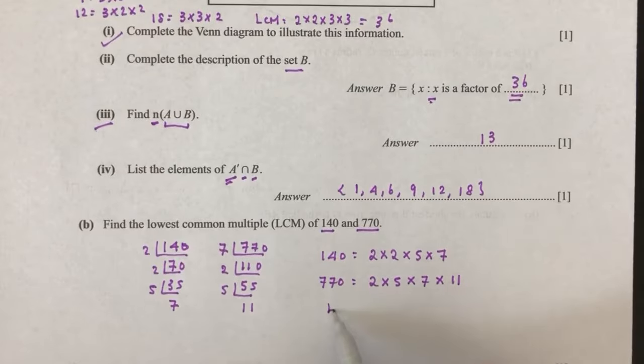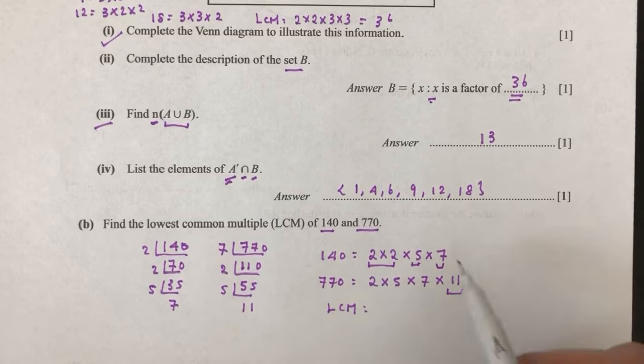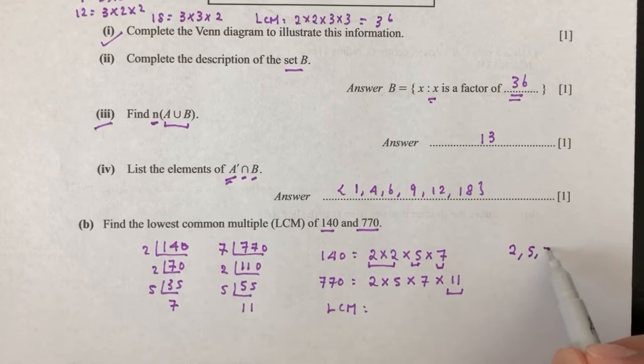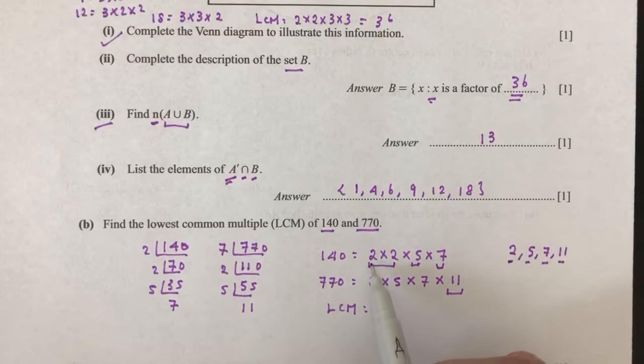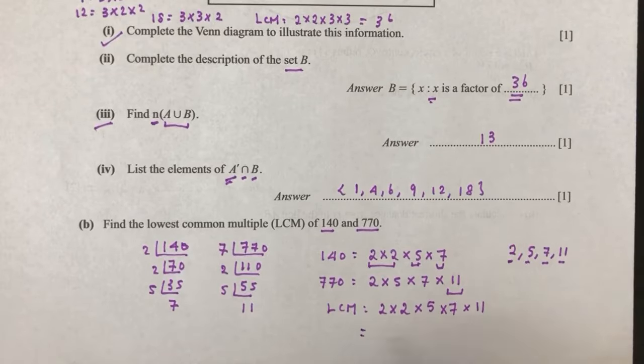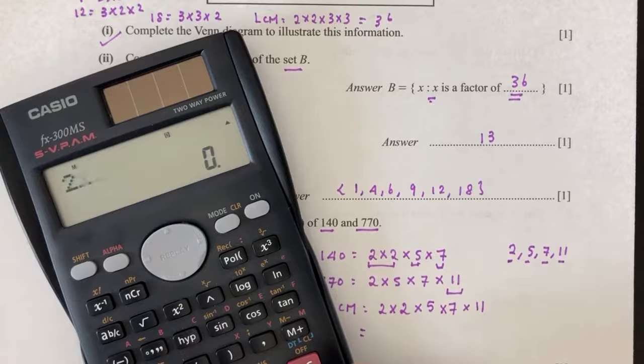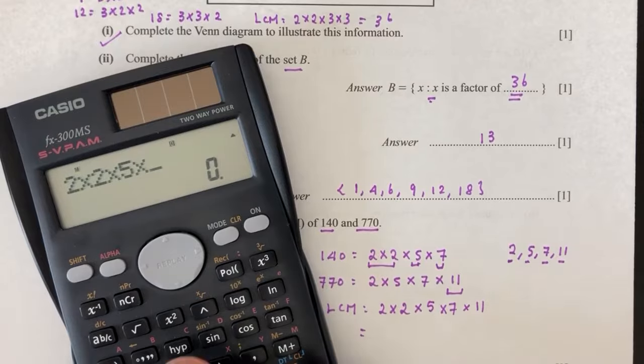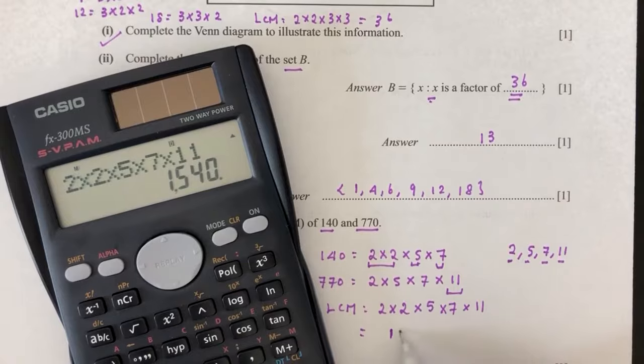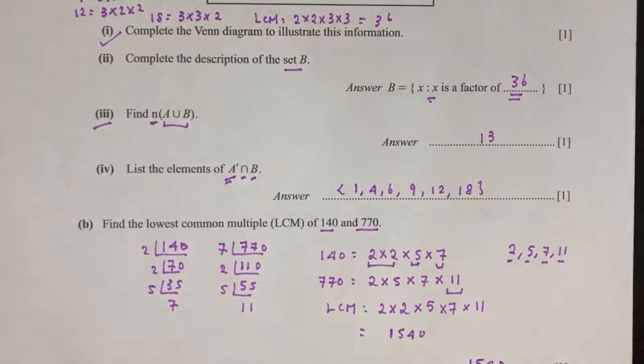So for the LCM we have to take the most of each factor. So here we have 2, 5, 7, 11 as factors. We have to look where each happens the most. As you can see, 2 appears the most here, 5 is the same amount, 7 is the same, and here is 11. So that will be your LCM: 2 times 2 times 5 times 7 times 11. That will be 1540. That will be your LCM for these two numbers.